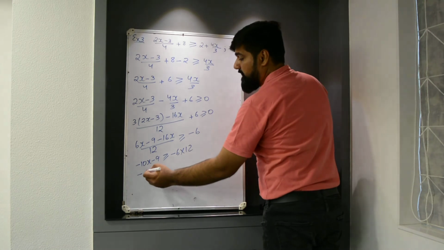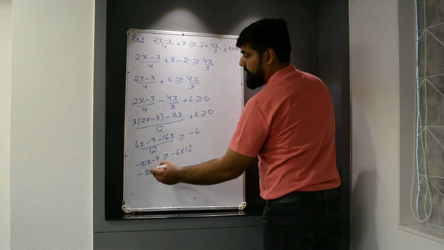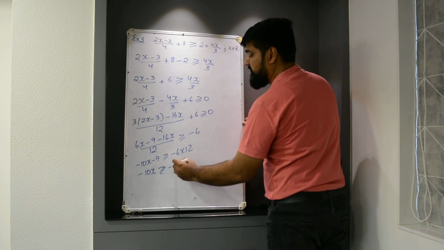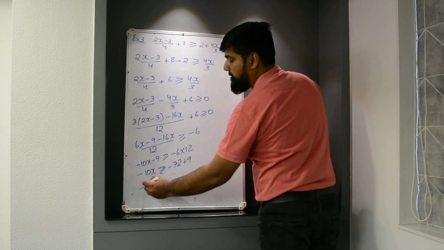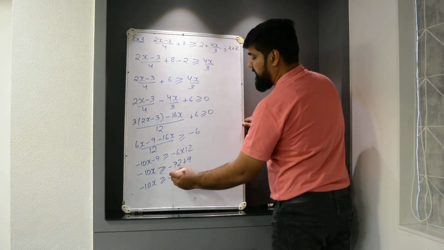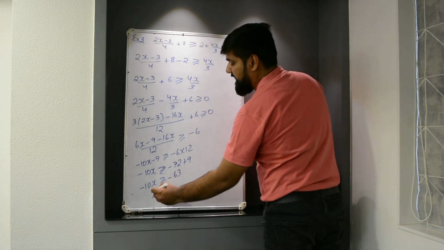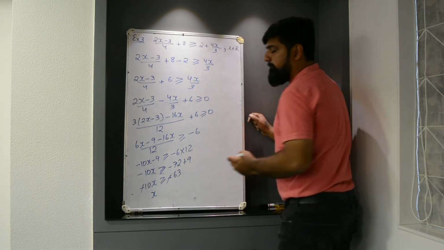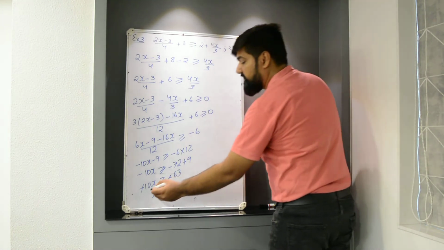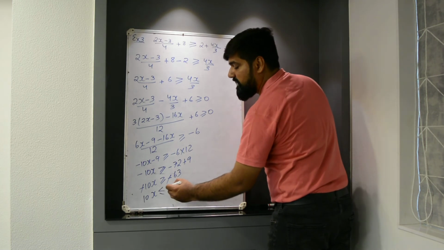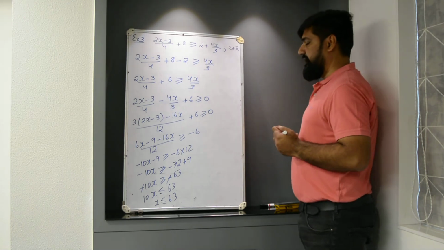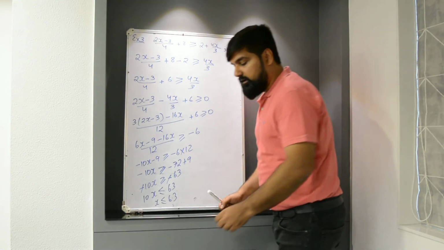Then we get minus 10x is greater than or equal to minus 72 plus 9, so minus 10x is greater than or equal to minus 63. As we cancel the minus sign on both sides, the sign of inequality will get changed. Then this will become 10x is less than or equal to 63, or x is less than or equal to 6.3.